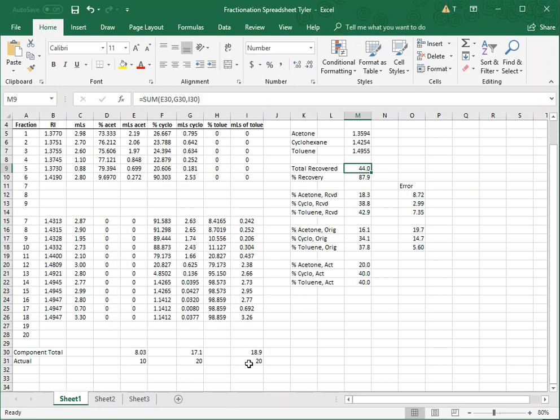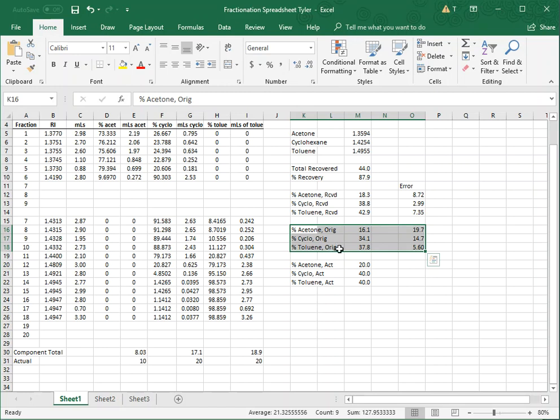Because we're telling you, you should have had 20 mils of acetone, you should have had 20 mils of cyclohexane, and you should have had 10 mils of acetone. 20, 20, and 10 is 50. So this section is based off of the 44 milliliters that this person recovered from the fractionation process. And then this section is based off of the original volume, which should have been 50 milliliters in total.